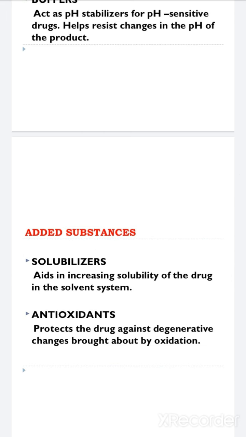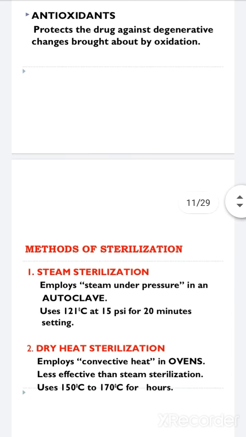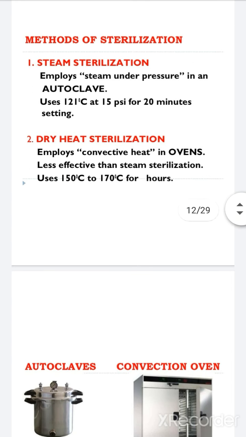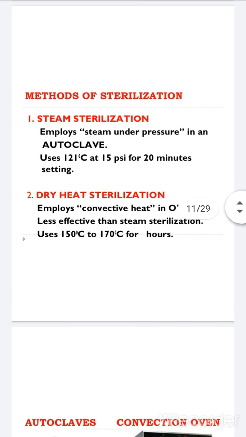Then methods of sterilization. There are some methods like steam sterilization and dry heat sterilization. Under steam sterilization there is a method popularly known as the autoclave, which uses 121 degrees Celsius at 15 psi for 20 minutes. Then dry heat sterilization.